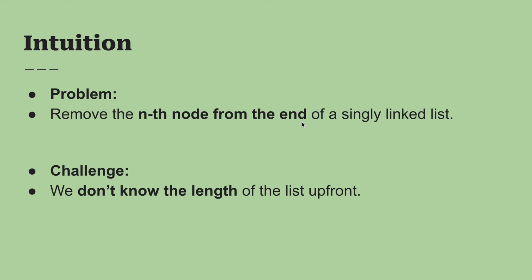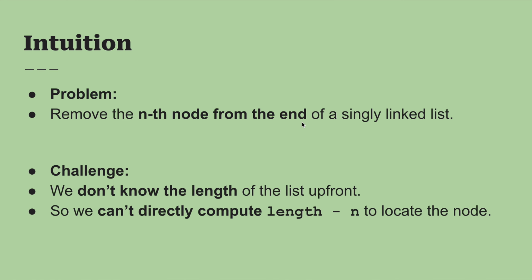If we don't know the total length of the list in advance, we can't directly count length minus n to find the node to delete, right? It means we can't directly compute length minus n to locate the node exactly. Let's suppose 5 nodes are there. We'll do minus 2, right? It means it will come where?